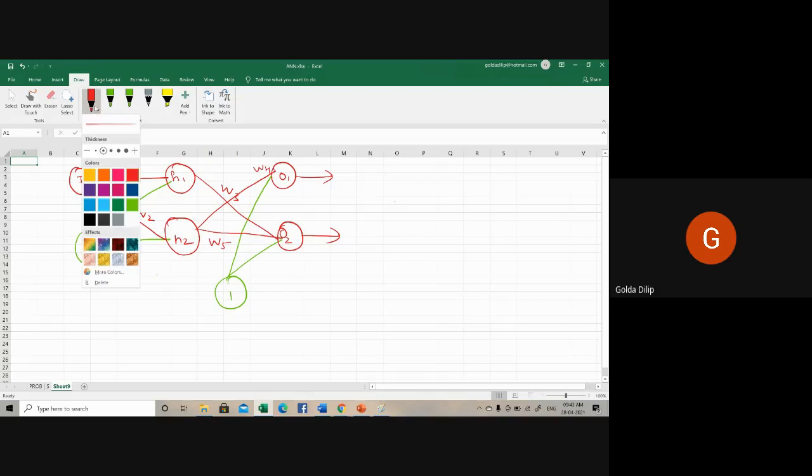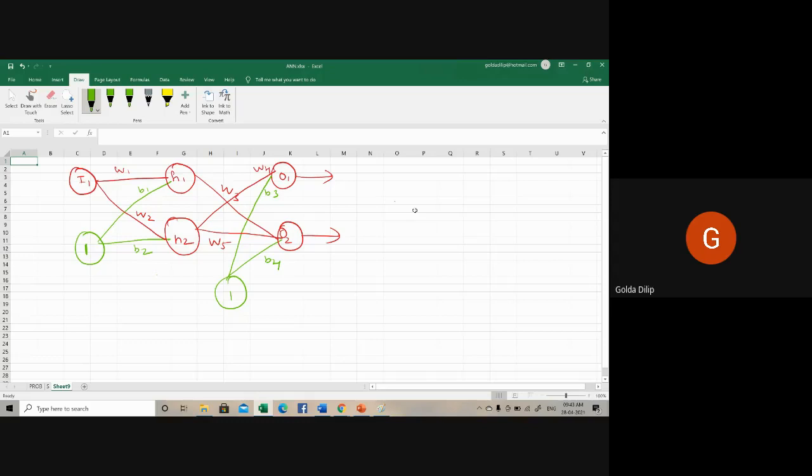For the bias nodes, let me put the weights as B1, B2, B3 and B4. So this is the network being given to you.